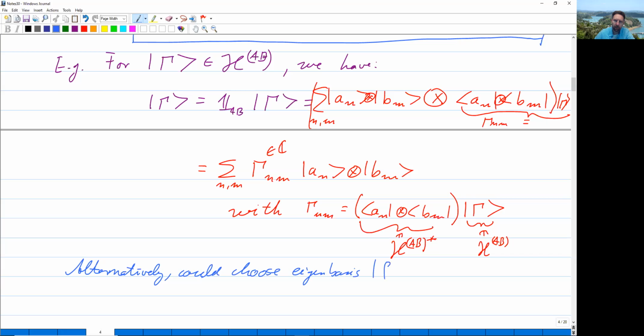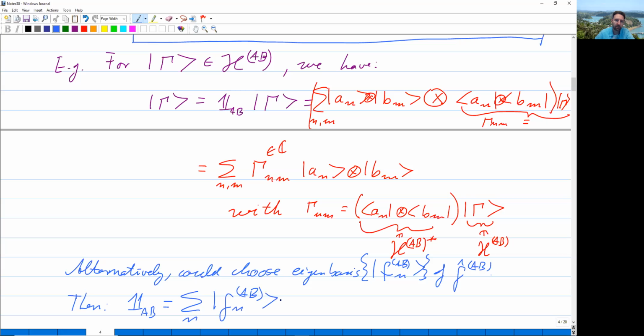Let's call it the vectors f_n^AB, the eigenvectors of f hat AB. Remember that was an observable of the total quantum system, and this is its eigenbasis. Then the resolution of the identity of our total system can be written as the sum over n of f_n^AB times f_n^AB dual, as usual.